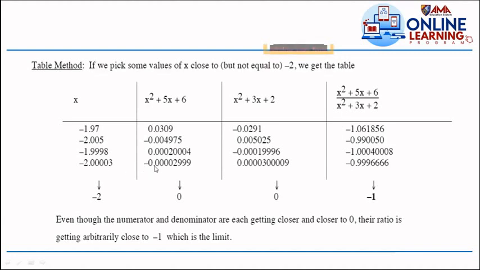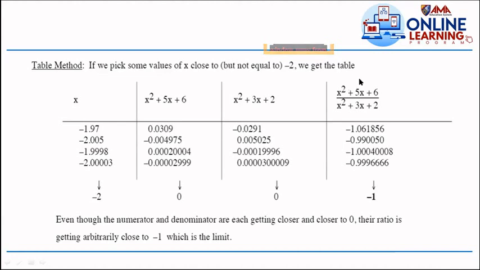So ito yung results po natin sa numerator, negative 0.002999, negative 0.309. Pero yung limit nila, if we're going to divide that, we have negative 0.9996666. So if we're going to look on our table, as x approaches negative 2, ito na po siya, no?